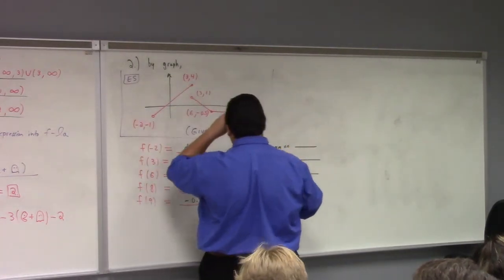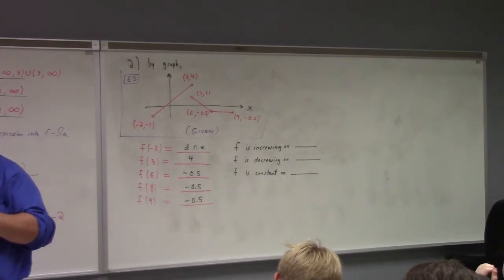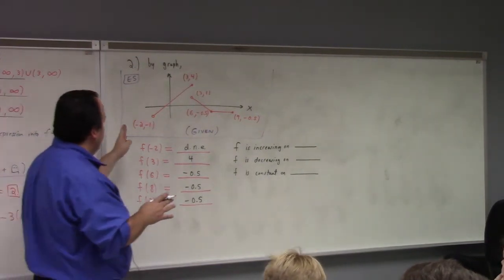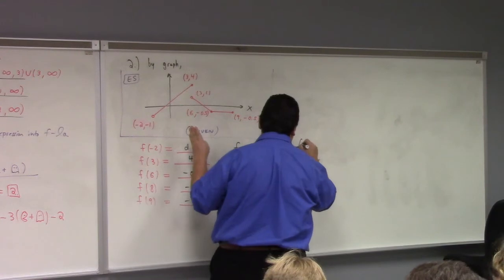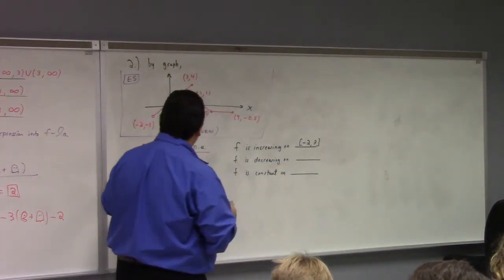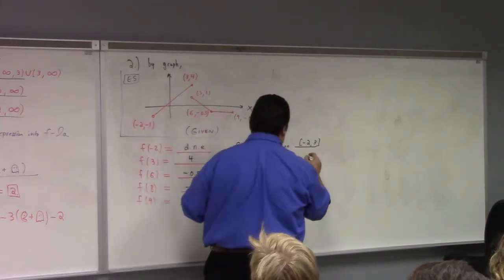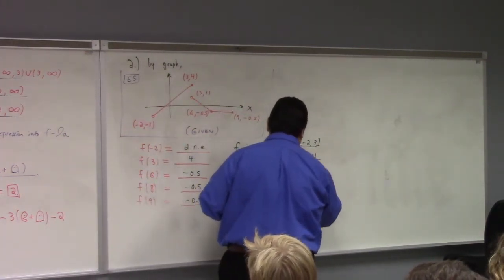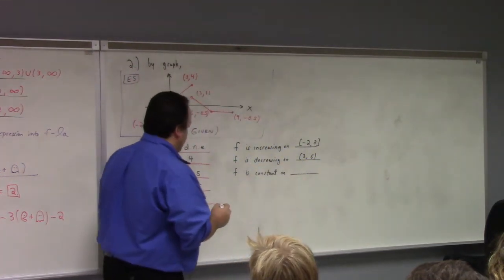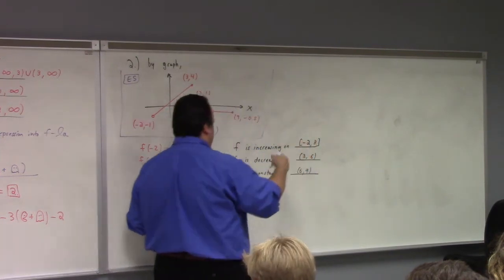When you ask questions like this, we're always referring to the x values. So increasing on negative 2 to 3. Decreasing, 3 to 6, very good. Constant, 6 to 9. Now it doesn't matter whether you include or exclude the endpoints here.